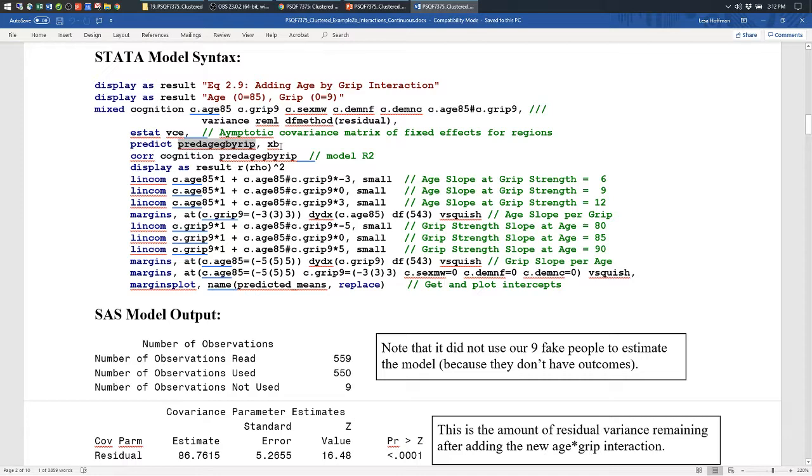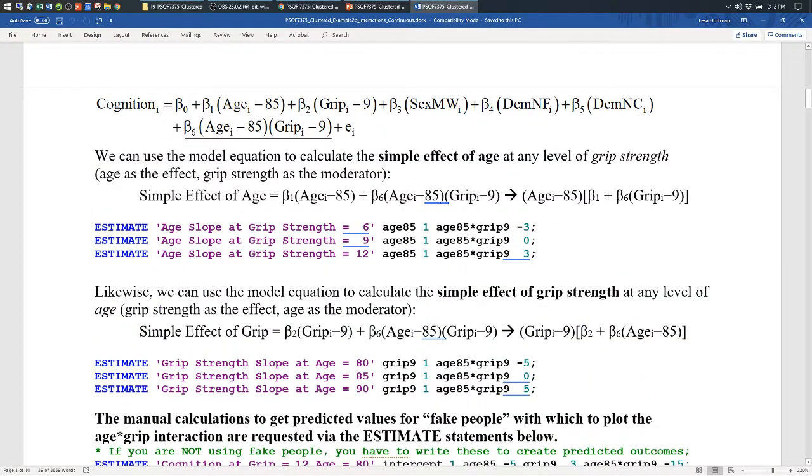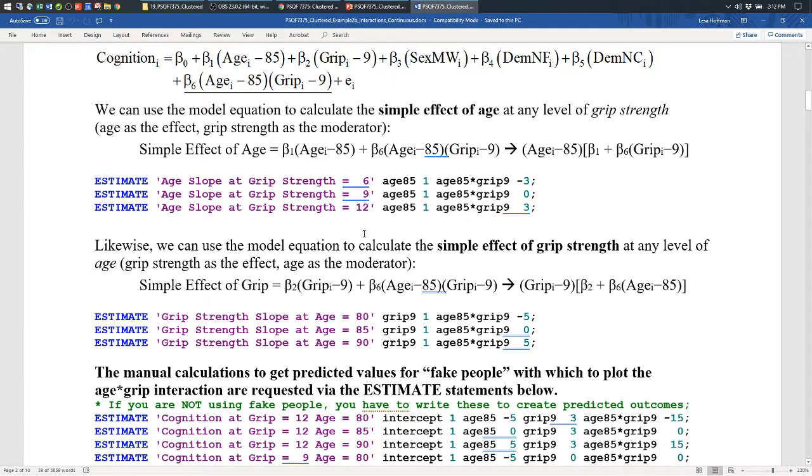XB means use the fixed effects only. I'm also using that column to correlate to make a model R-square. And then these lincoms give me simple slopes, which we'll talk about in just a second. Those are analogous to these separate estimate statements in SAS. Okay, with me so far?